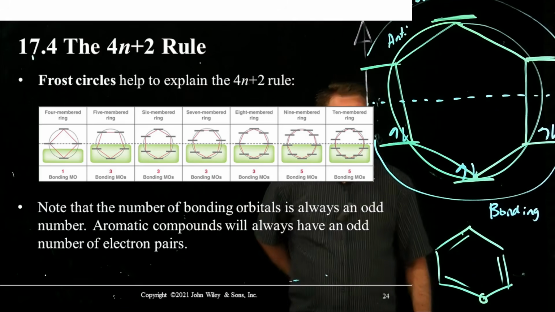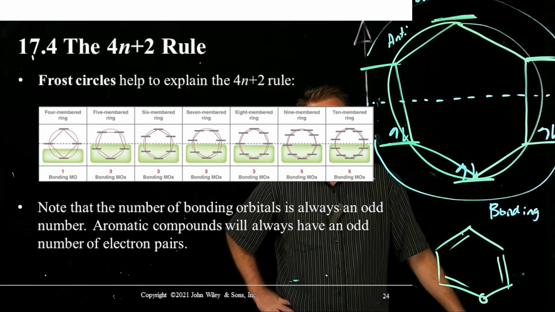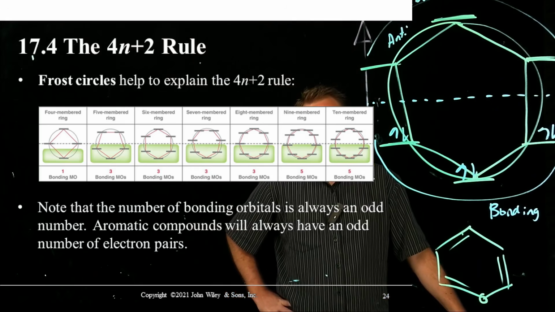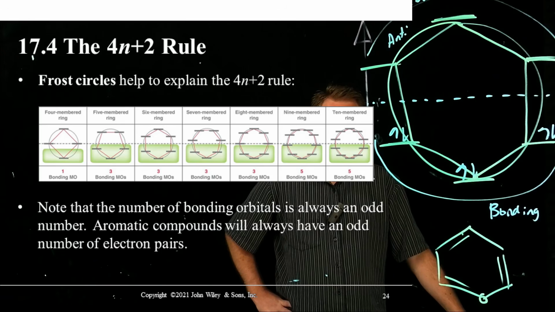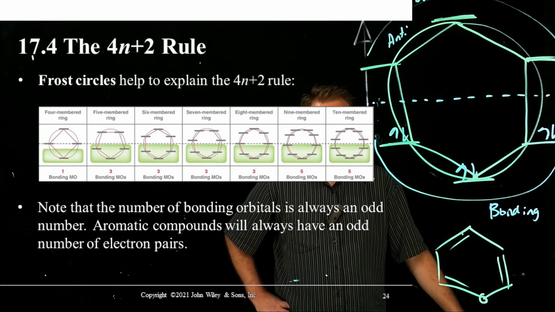So one thing that you can see when you go through a few examples of Frost diagrams is that it helps to explain why the 4n plus 2 rule in Hückel's rules gives us aromatic compounds. You can see in every single one of those, the bonding orbitals are always going to be odd.